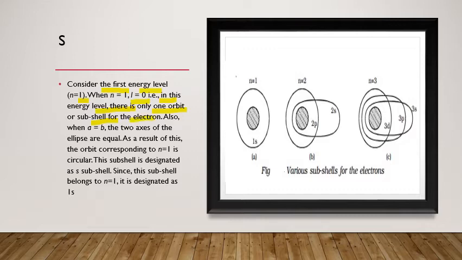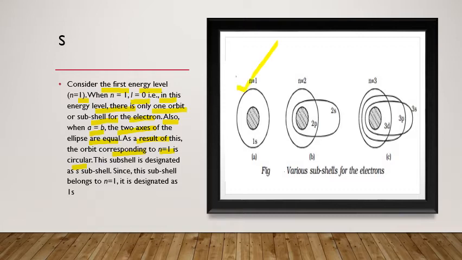Also, when a equals b, the two axes of the ellipse are equal. As a result, the orbit corresponding to n equals 1 is circular.